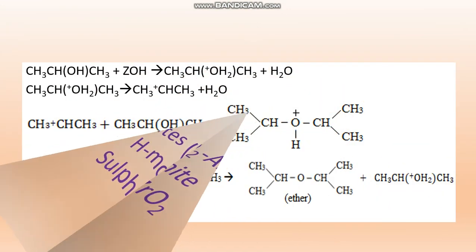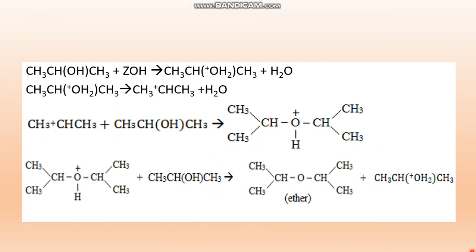For example, this reaction is an acid catalyzed reaction. This is isopropyl alcohol, this is zeolite, and finally, due to its acidity, diisopropyl ether is catalytically synthesized.